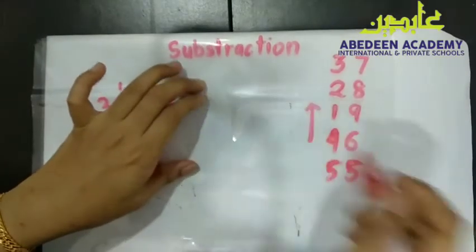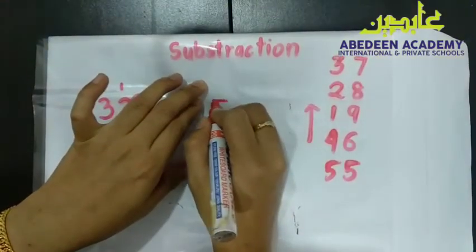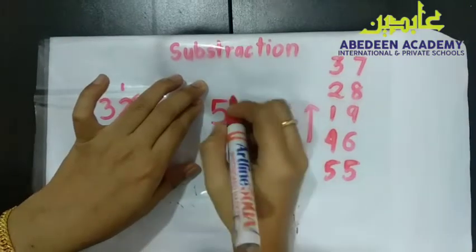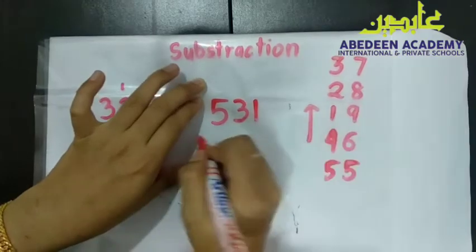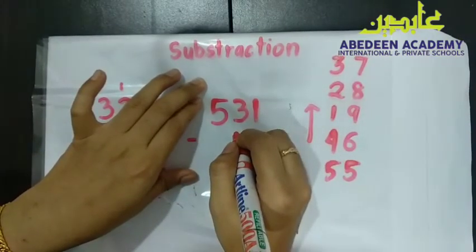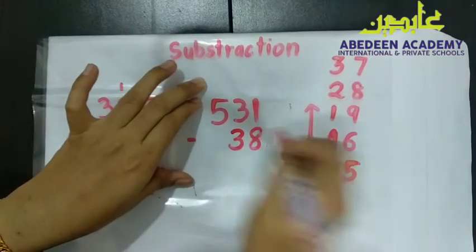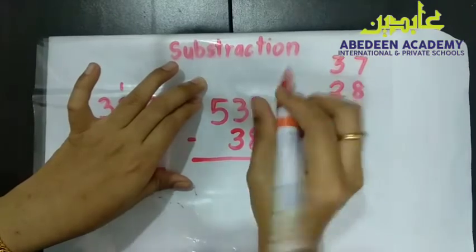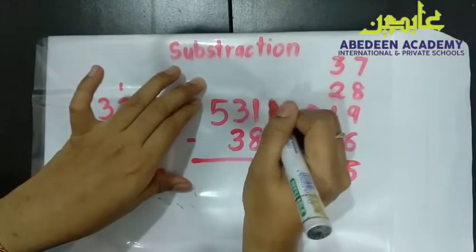Alright, so let's try 531 minus 38, for example. Okay, so you need to borrow because this is small.